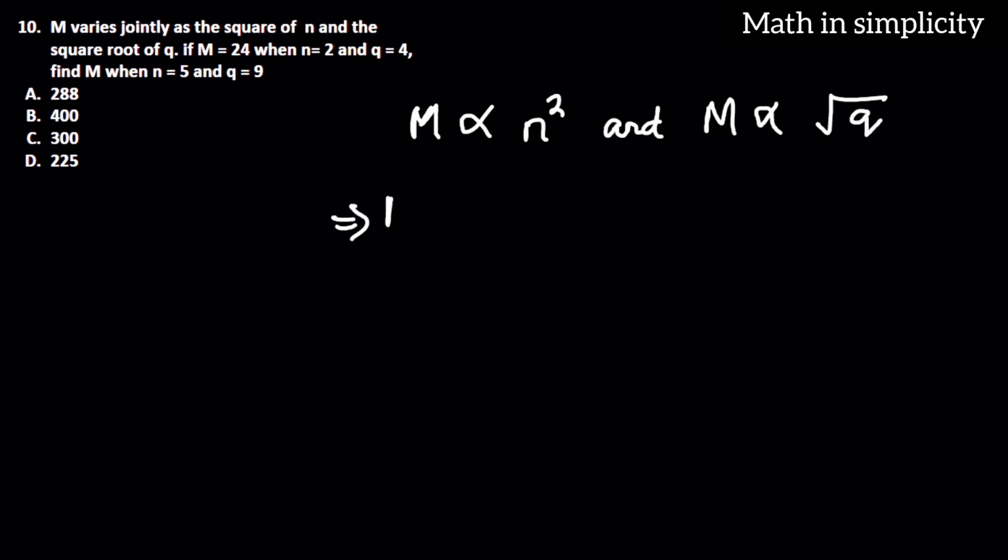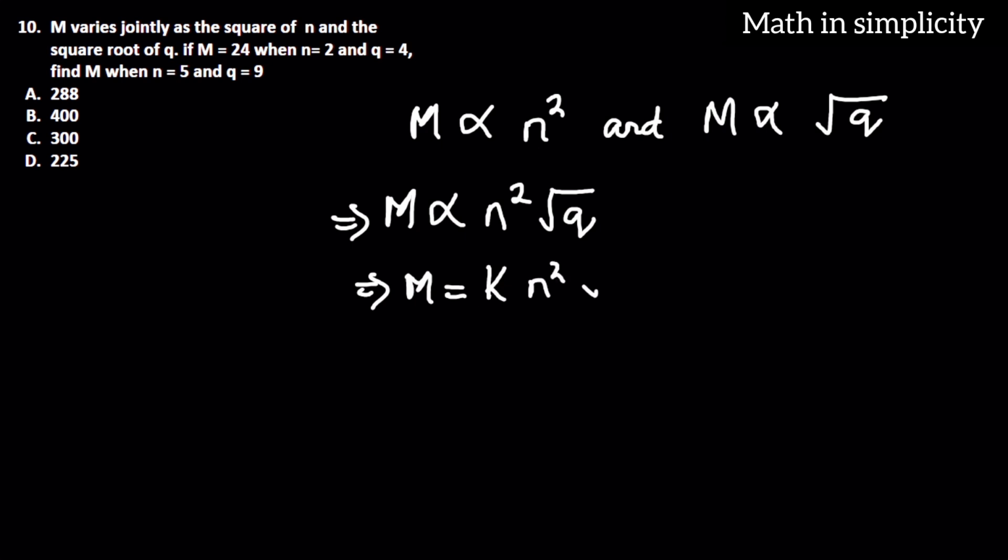So if you write it together, m varies as n squared and square root of q. So this finally implies that m is equal to, now we introduce the constant of proportionality, which is k, times n squared and the square root of q. So this is the formula you need. Then we can find k, and when we find k, it's easy to just simplify.